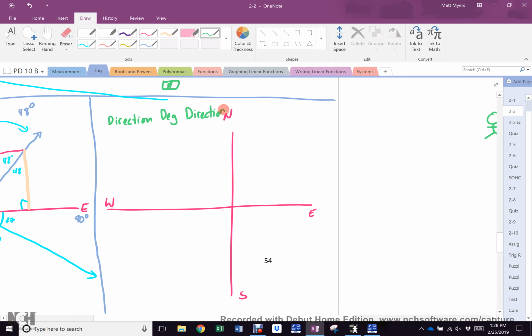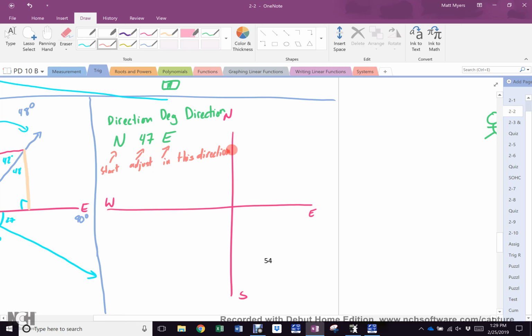So, if I tell Anu that he is going to walk north 47 east, this means I am going to start in that direction. I am going to adjust this far in this direction.